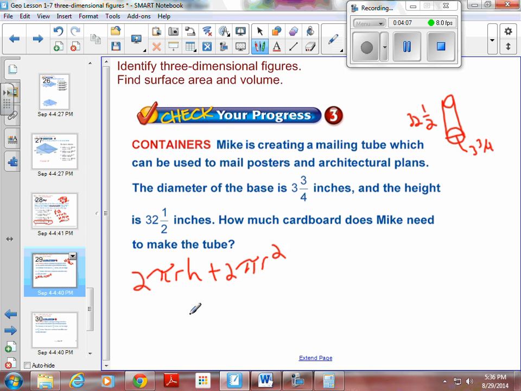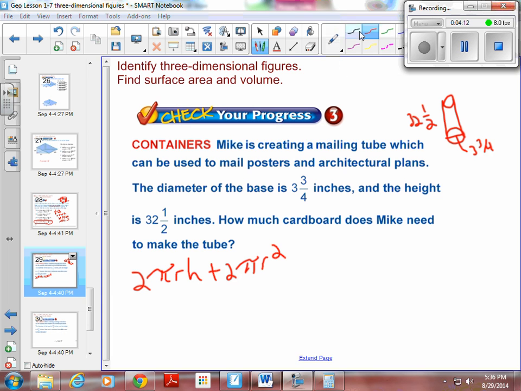Okay, from there we need to fill this stuff in, so we need to know what is what. Our diameter is 3 3/4. And if you don't like 3 3/4, you could say 3.75. I'm okay with that, since in the end we're going to put it all into a decimal anyway. The diameter is the whole way across here, and our formulas call for radius, right?